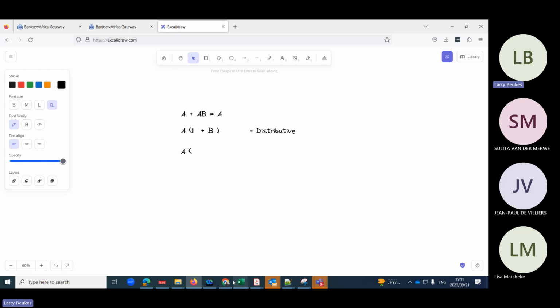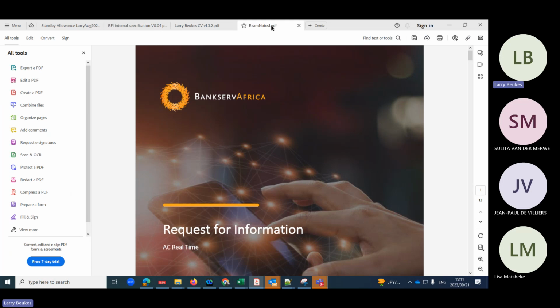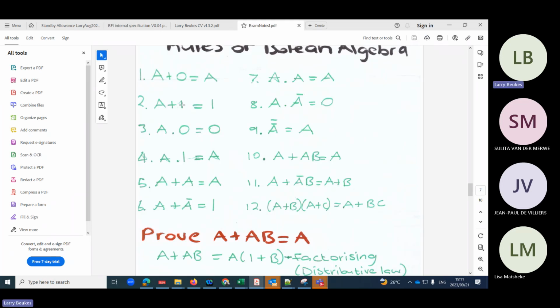That is the identity law. Let's check. Now you'll understand why I say please write it on the side. Sorry, 1 plus b is equal to 1. Oh yeah, here it is. 1 plus a is equal to 1. This is the annulment law, okay?